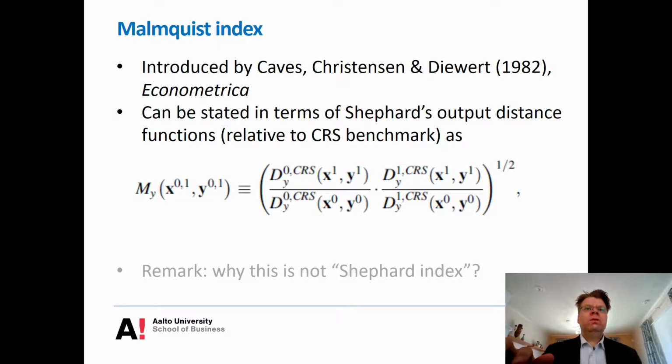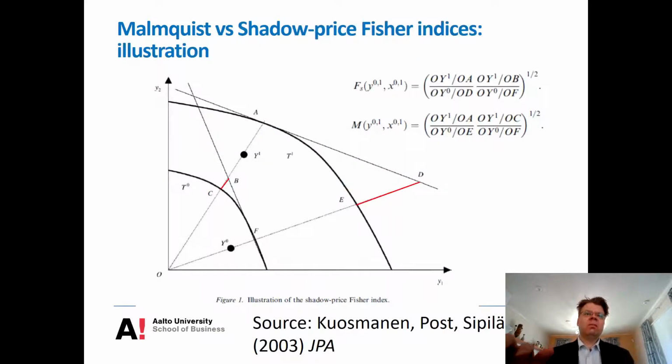Okay, so what would be the connection between the Malmquist index and the shadow price Fisher index that I was talking about? I have illustrated it here, and I have used these red lines to simply indicate where these two indices differ. On this slide, you can see how in this example the shadow price Fisher index would be calculated.